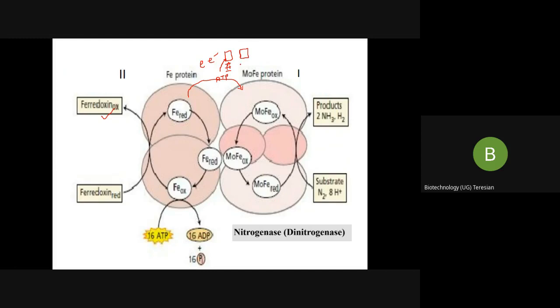So this step is repeated several times before your nitrogen molecule can bind to the iron molybdenum cofactor. After this, the protein complex dissociates and your nitrogenase reduces the dinitrogen to ammonia and hydrogen. This is the actual mechanism which is happening. The earlier one was the simple method which I told.